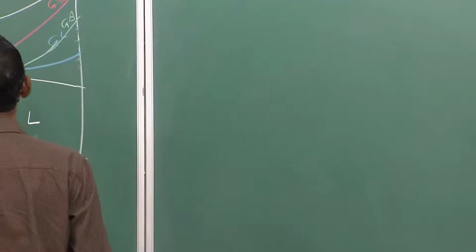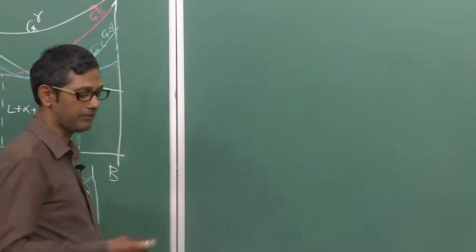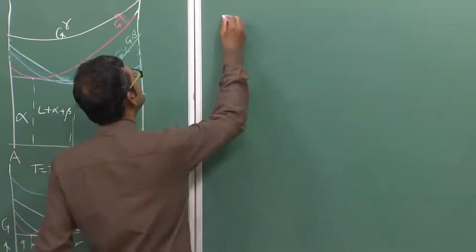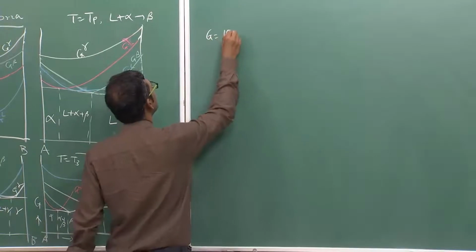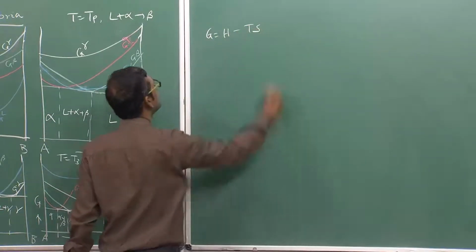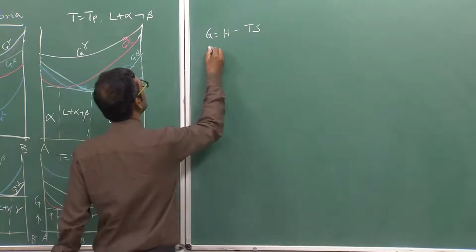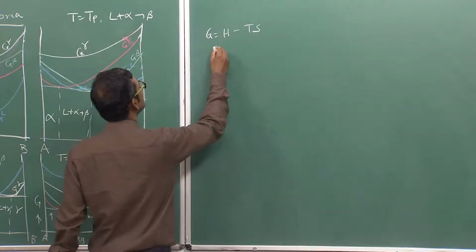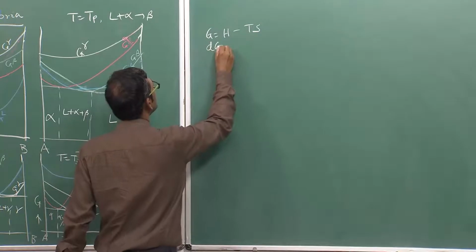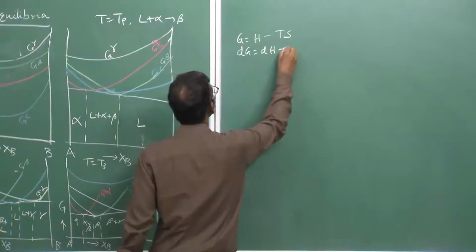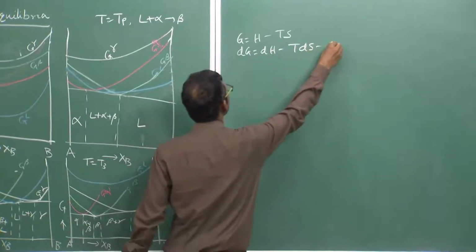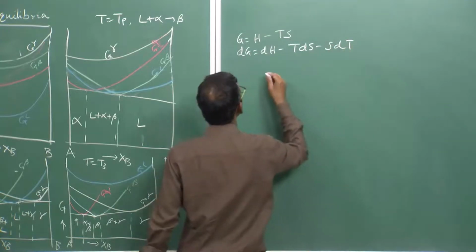So how can we bring in that effect? Well, we will discuss that in a mathematical manner first. First we know that G is basically H minus TS, and we know the Gibbs free energy controls everything. So we can write down the total differential: dG is equal to dH minus TdS minus SdT, right.